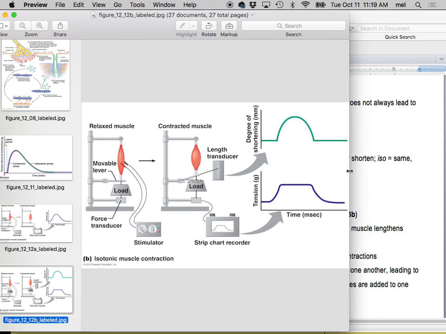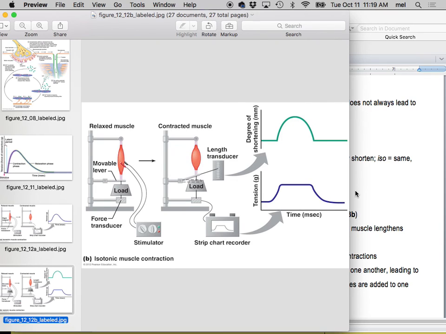So what's going to happen here is if you measure tension, it goes up and then it plateaus because instead of generating more tension, I'm using that for movement, right? So now let's talk about the name of this one, isotonic. Same tone, same tension, because do you see once you get up to the adequate tension, it plateaus? So that's why this one's called an isotonic contraction.